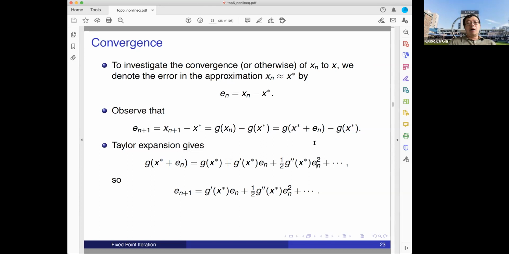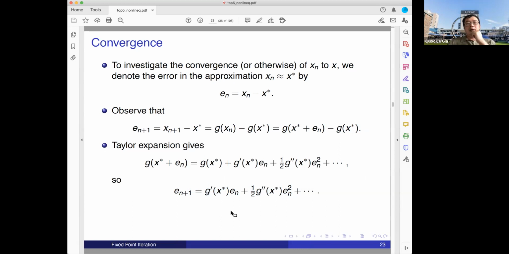If I plug it in here, then the g(x star) gets cancelled, and I get En plus 1 equal to this expression. You can also use the mean value theorem directly, and then you don't have to worry about this extra term. But here you have g prime at some point xi between x star and x star plus En.